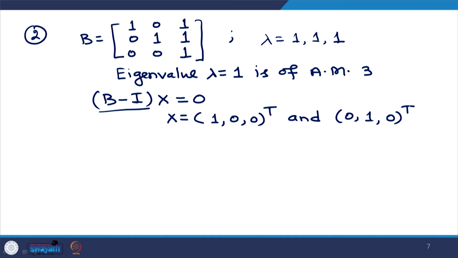You can check, you can calculate it. So, now the geometric multiplicity of lambda equals 1 is 2.